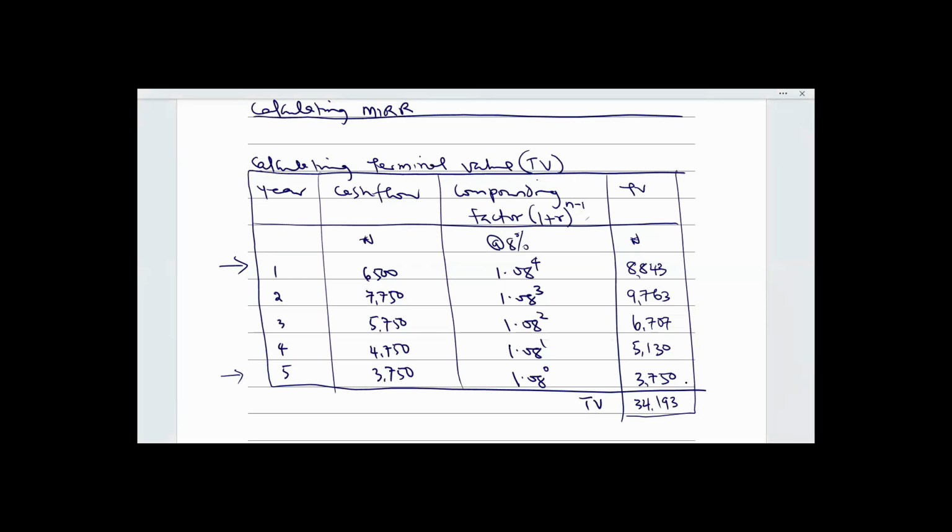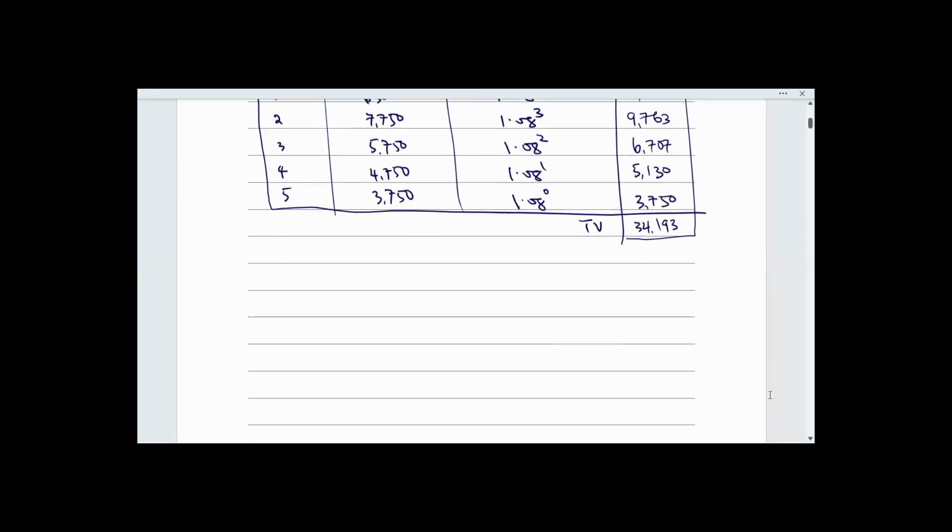The second step is for us to calculate present value of cash outflows. So in this case, I'll create a column for year, description of items.